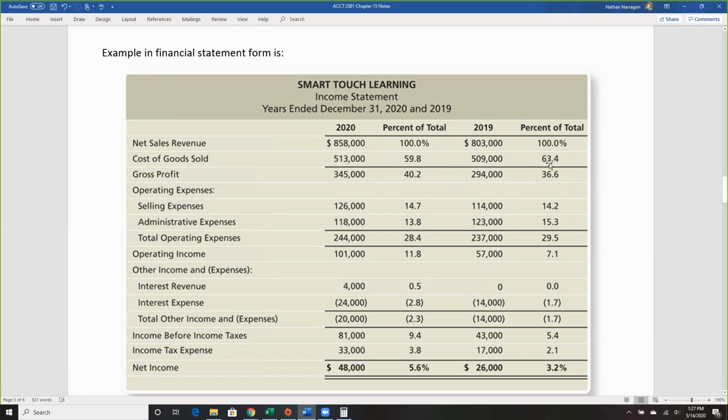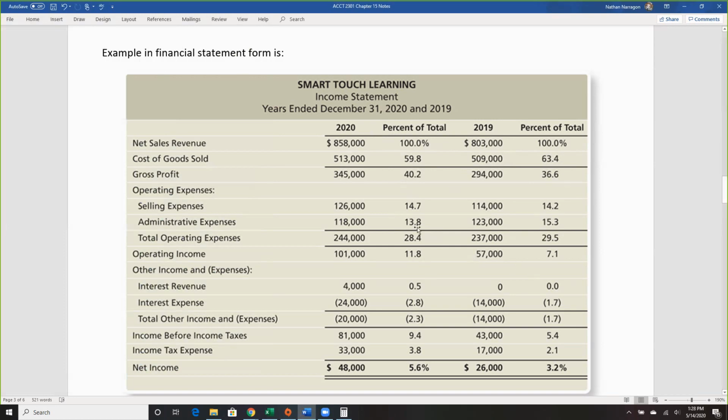Here I can see cost of goods sold as a percentage went down. Even though the dollar amount rose, as horizontal analysis will show, vertical analysis will actually show we have decreased the amount that we spend on cost of goods sold. This is why we use both horizontal and vertical to try to see what's going on.